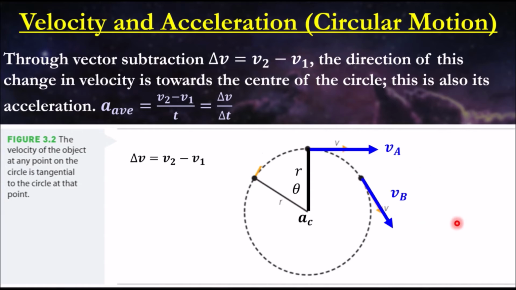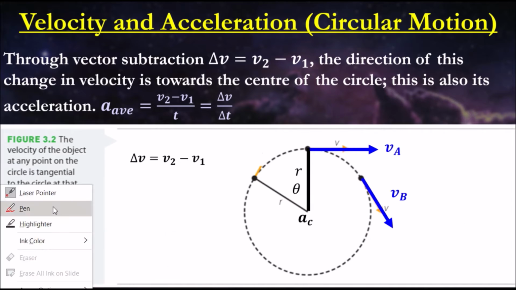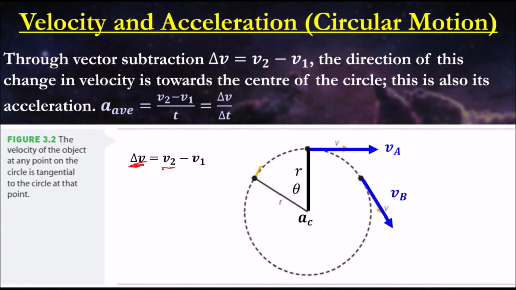If I want to actually look at what's occurred, the actual change, remember, the change in velocity is given by where you are at the end, subtracted by where you were at the start. So this is a nice vector diagram again. If you look at this, VA, so the change in velocity is VB minus VA. So how can we connect these arrows together? Well, have a look at this. VB is a positive vector, so it keeps its original motion, okay?